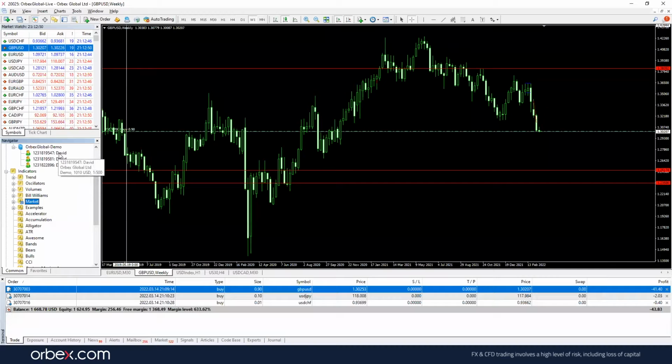If you just hover over the account here, as you can see, your leverage. It says my name, David, Orbex Global Limited, and then demo, and then the amount of my balance, and then the 1 to 500 leverage. You just hover over your account, and it will give you the leverage there. That's the best way to see it.